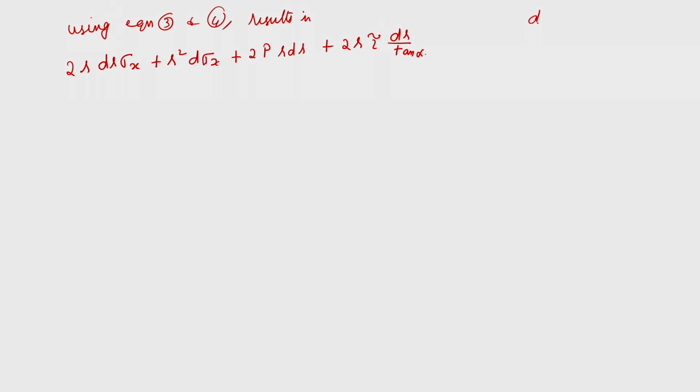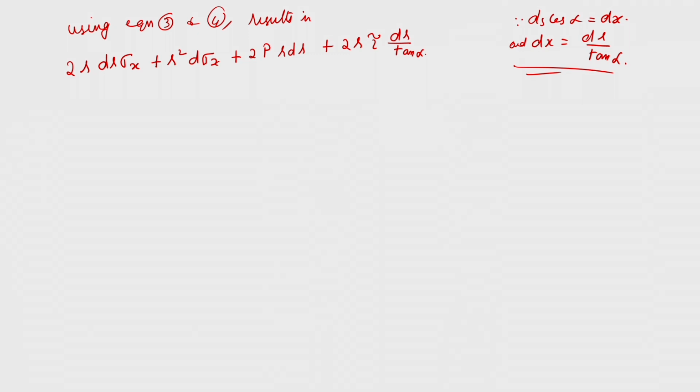This is basically because ds cos alpha is equal to dx and dx is equal to dr by tan alpha. When you substitute this, we will get this term from the geometric relationship itself, which I have written earlier.